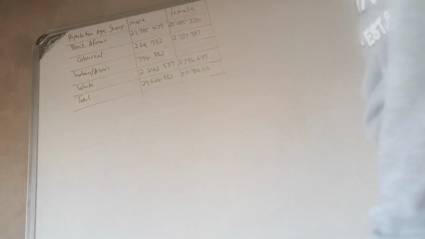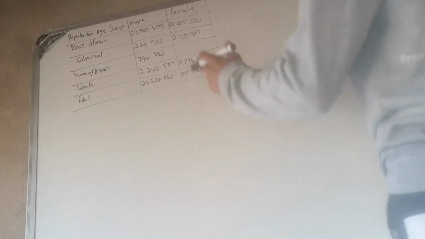Then the females: Black African 25 million, colored 2 million, the Indian Asians' number is not provided, the whites 2 million, and the total is 30 million.